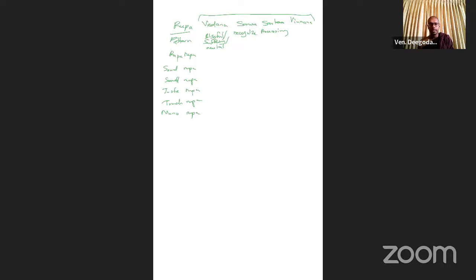Whatever it is, it either falls onto an image, or a sound, or a smell, or taste, or touch, or a mental image. You cannot find any other modalities in this world that can be perceived by a living being. These are the only components.